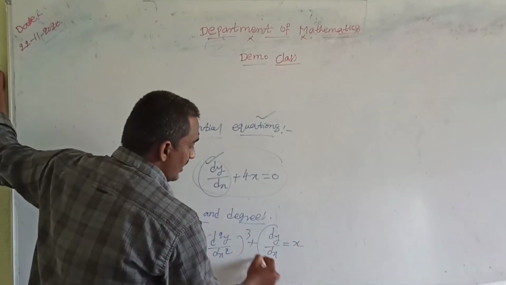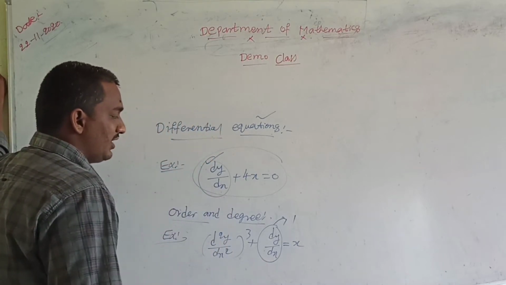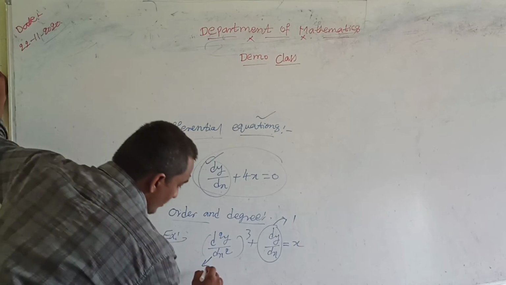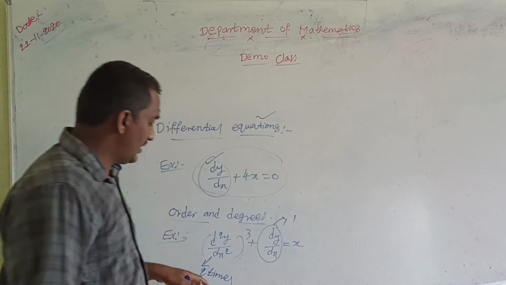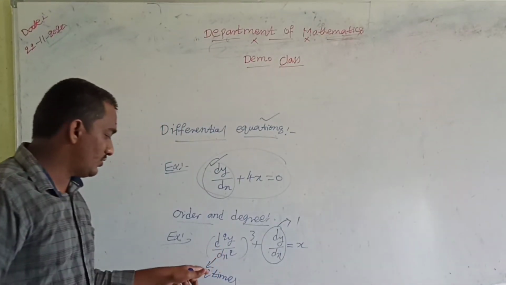If you observe here, it was derived one time with respect to x. Here, if you observe this one, it was derived two times. So which is derived more number of times? This one, two times.